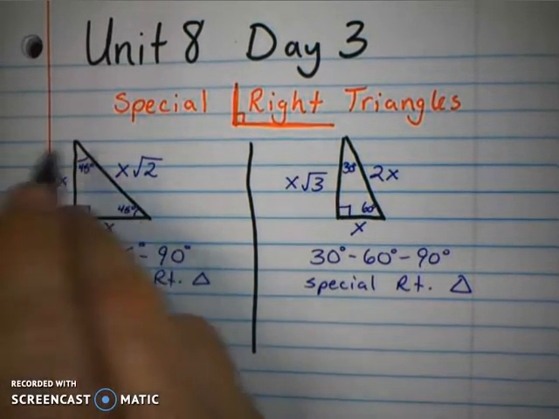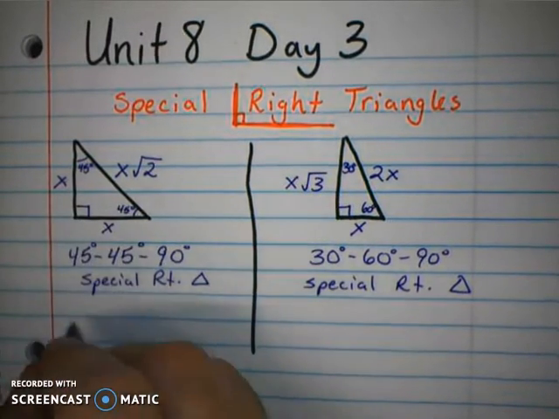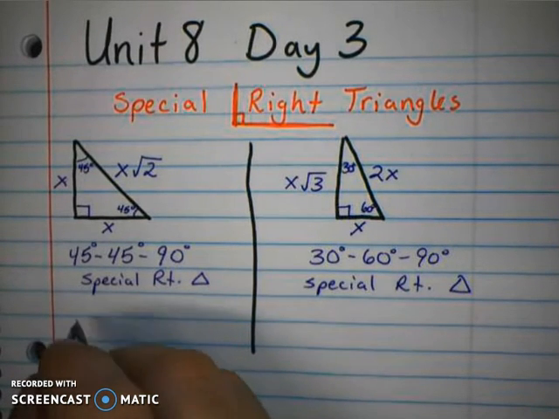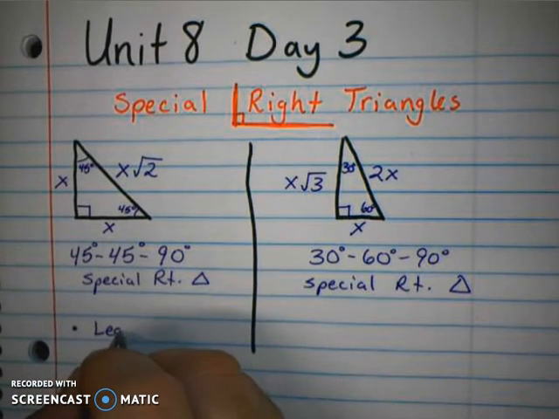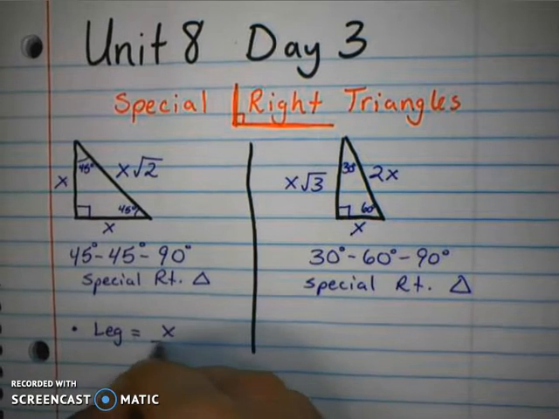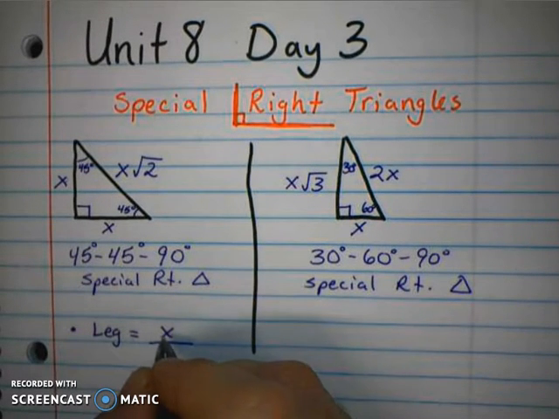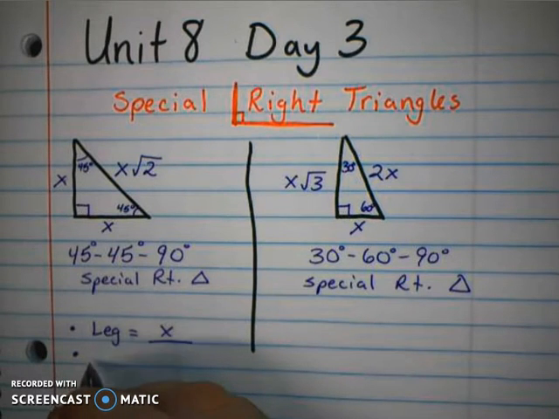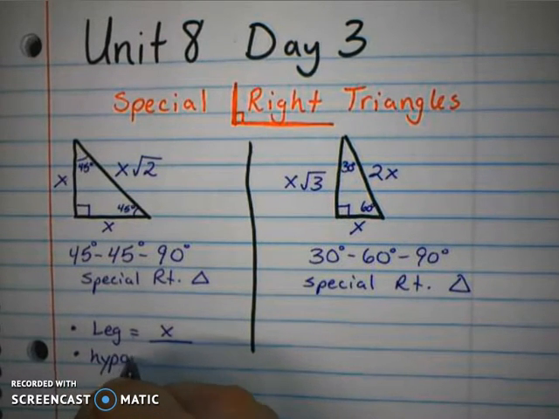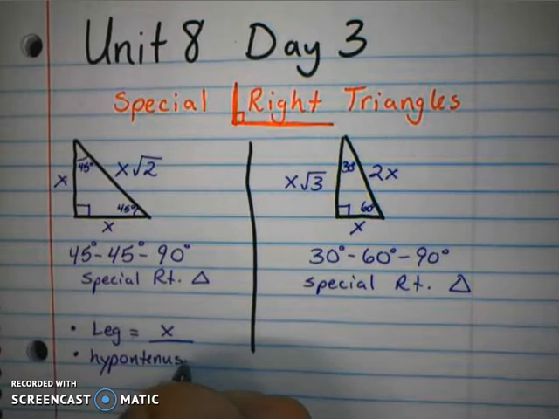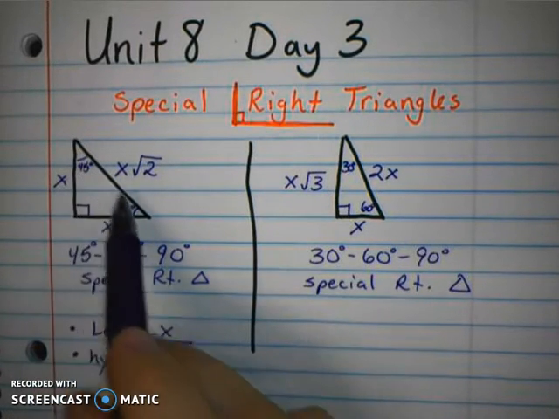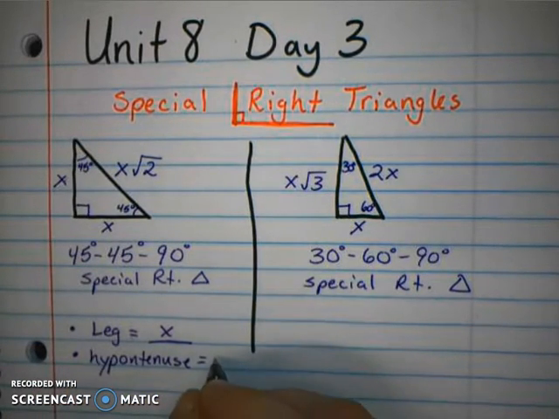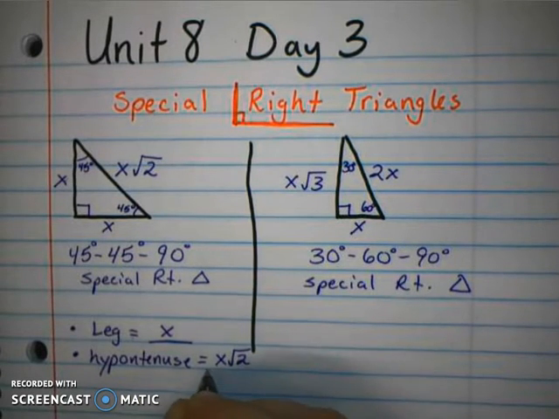All right, so in a 45-45-90 triangle, the legs are both x. We can just call them x or n or any other variable, but the legs are both the same. So if I define the leg based on that, then the hypotenuse, remember the hypotenuse is the side that is across from the right angle, is x times the square root of 2.